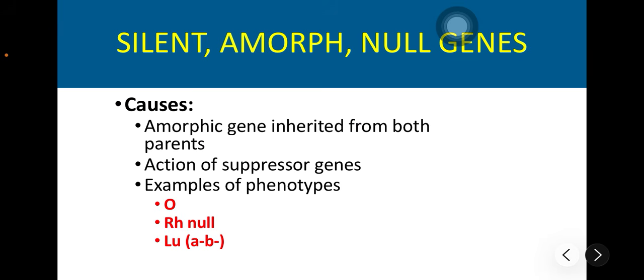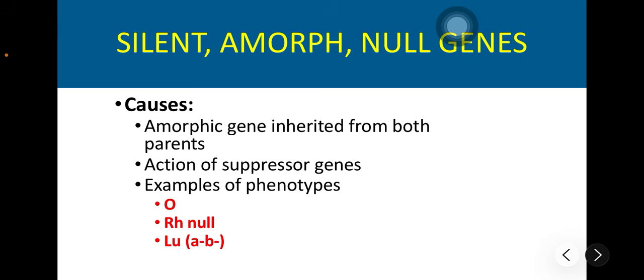So this usually happens when a person is homozygous for an amorph, meaning they inherited a blank recipe from both their mother and their father. Because there is no functional gene to produce the antigen, the red cell surface appears null or empty for that specific system. Common examples in blood banking: we have the O gene in the ABO system.